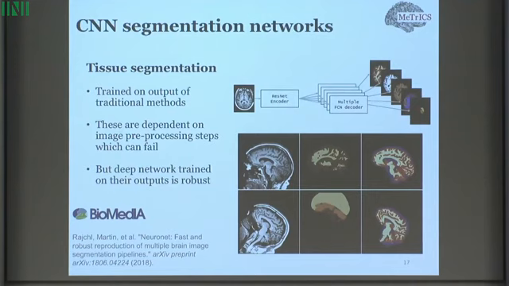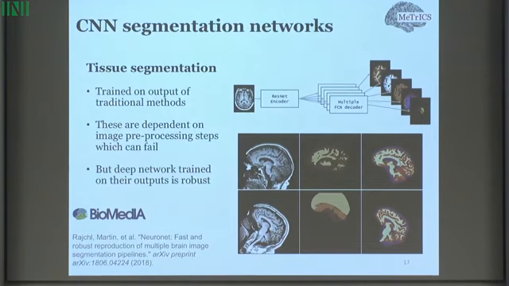And more to the point, my colleague Martin Rajchl from my previous group in Biomedia at Imperial trained a network to perform tissue segmentation. So it was trained on the output of traditional optimization-based methods based on expectation maximization. These methods are very dependent on certain image pre-processing steps, including bias correction and image registration.